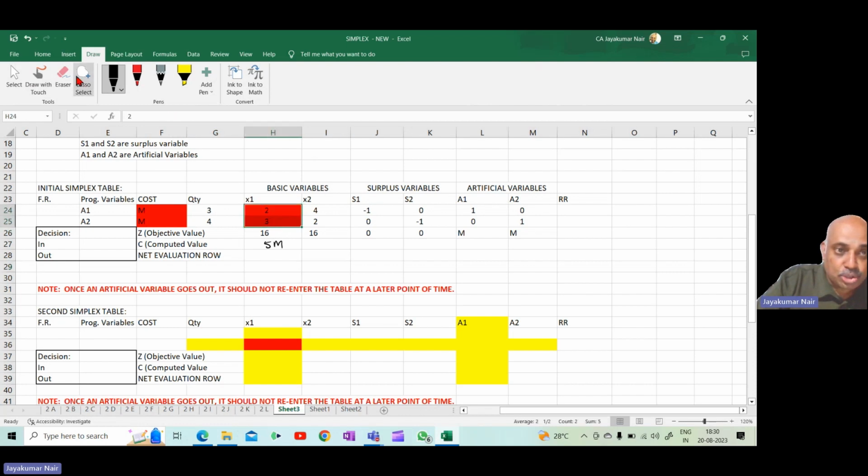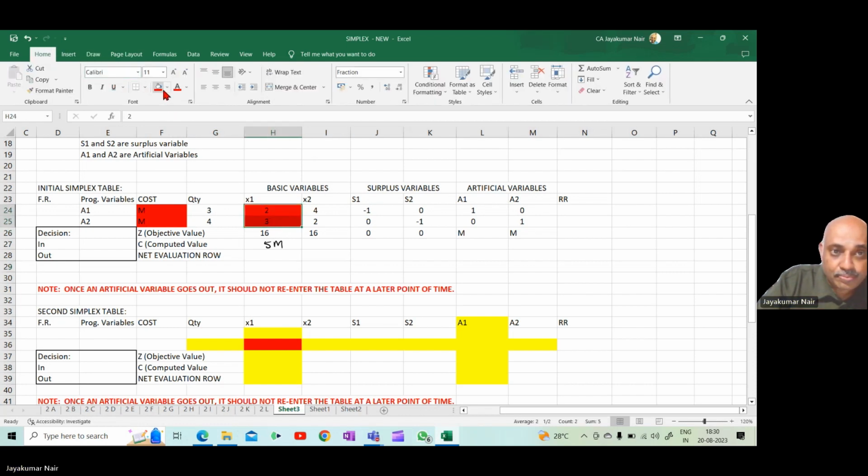Now the second one. So this is over. Now I'm going to multiply this. So it'll be M into 4 plus M into 2, which is 4M plus 2M. So you get 6M. Next, M into minus 1 is minus M. 0 into M is 0.